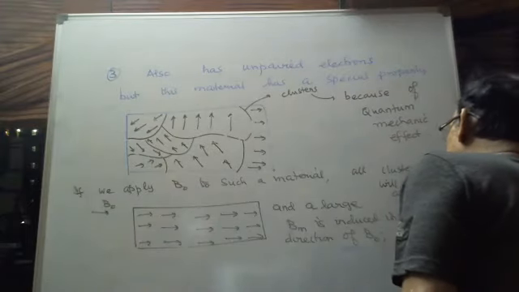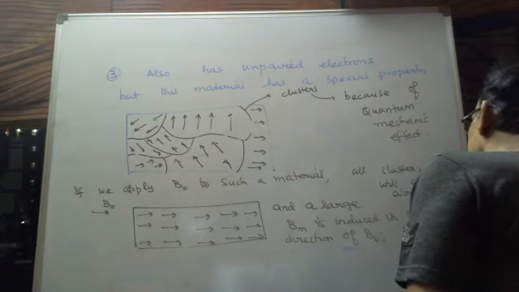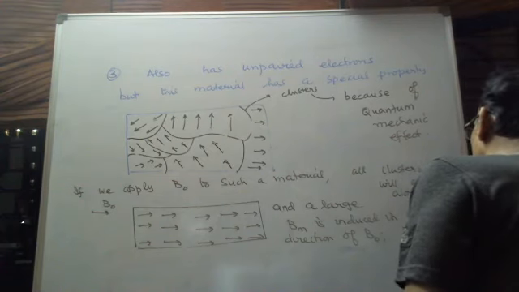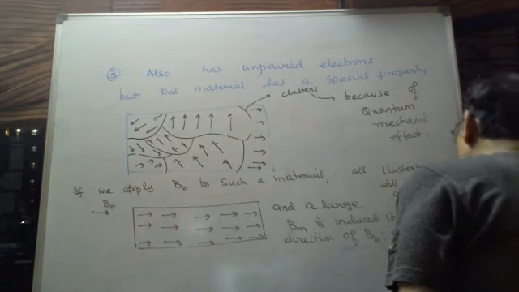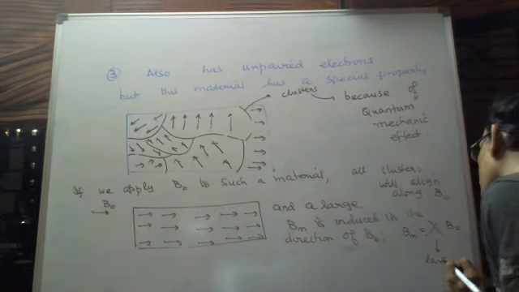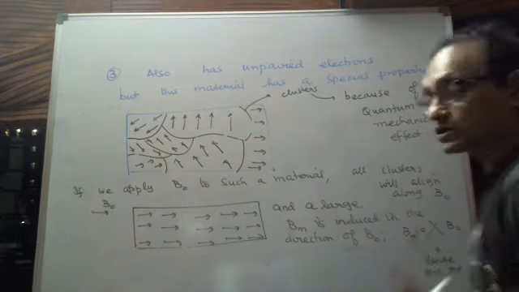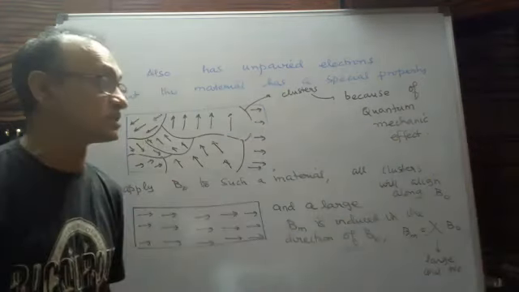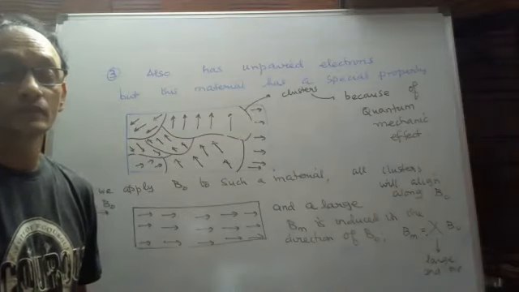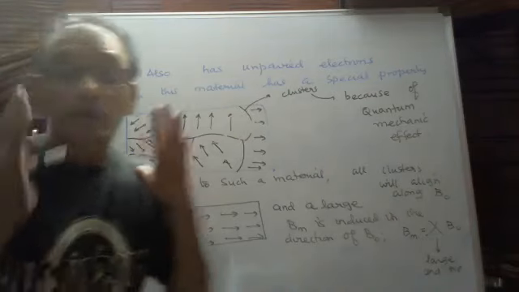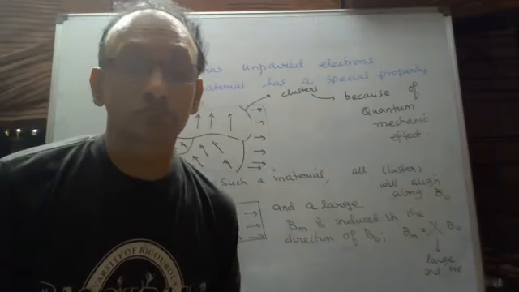So BM is this times B naught. So इस material में क्या है? This magnetic susceptibility chi is large and positive in such a material. Large extent of magnetization.